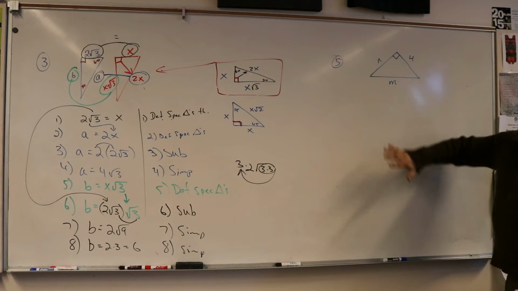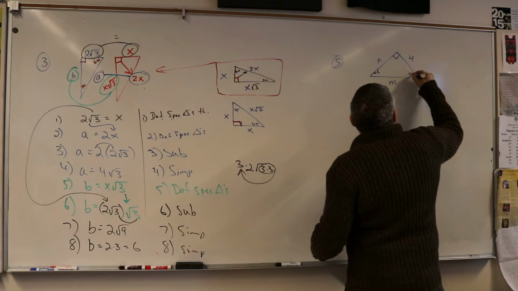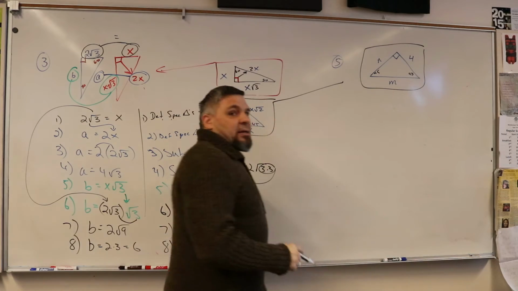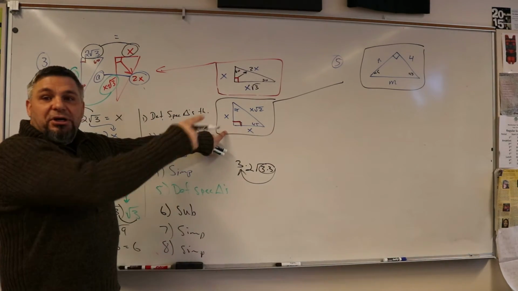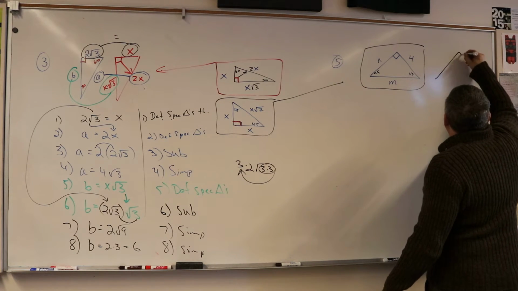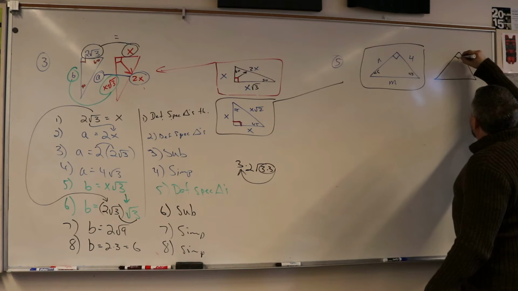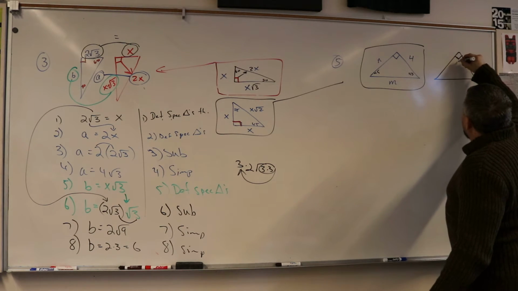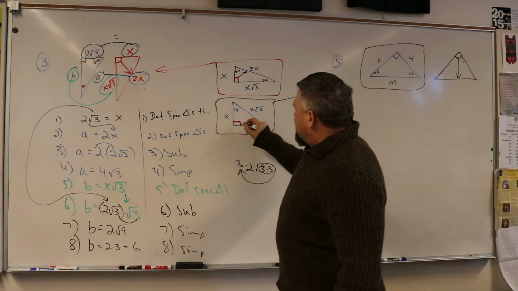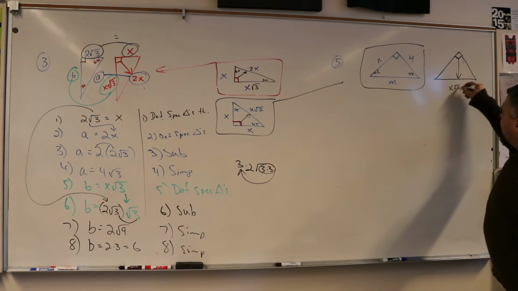So number 5, it is a 45. So we are using this one. Okay? But we need to rewrite it so it looks like it. So I need to draw this. And then I know, okay, I always start with my hypotenuse. Okay? And the hypotenuse is across from the right angle. So which one is the hypotenuse? X square root 2, right?